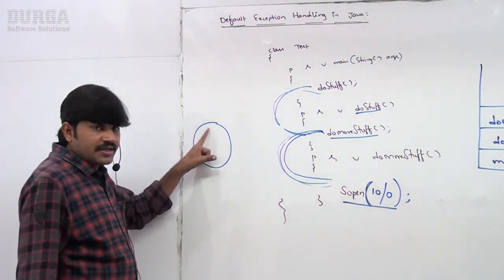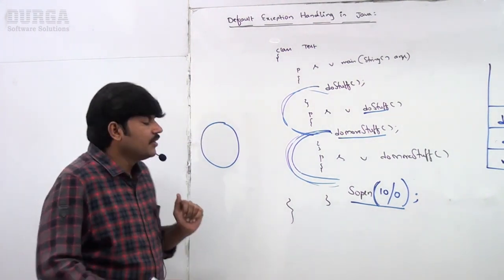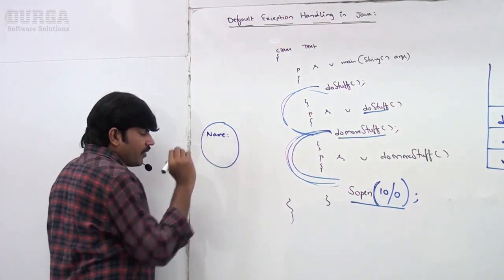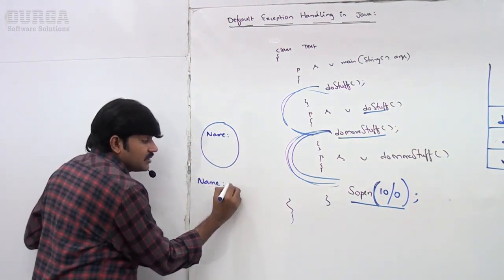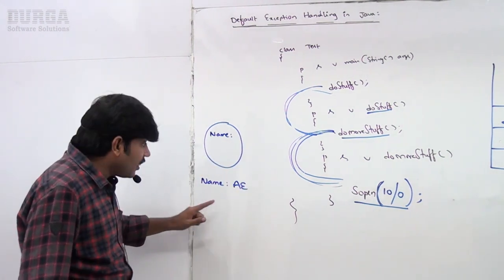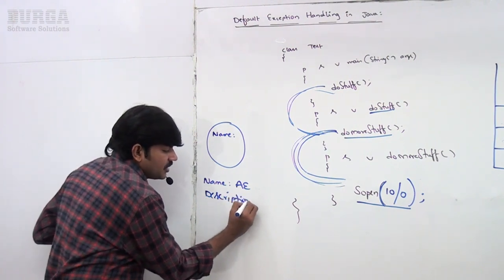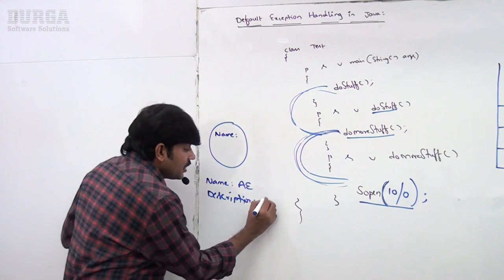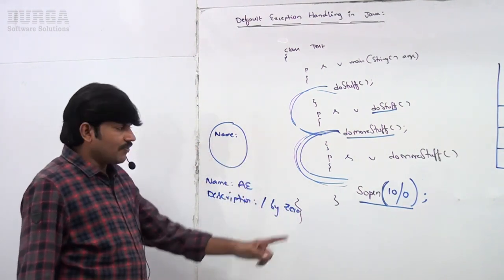Exception object created. What information is added in this object? The name of the exception: ArithmeticException. The description of the exception: division by zero.